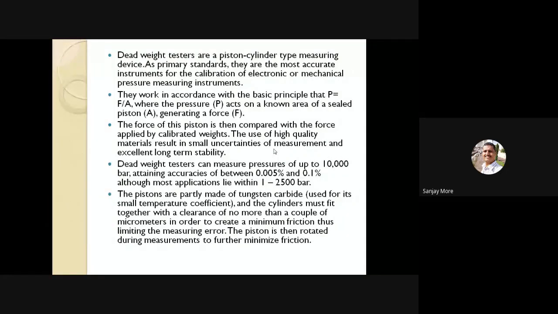The piston is partly made of tungsten carbide, used for its small temperature coefficient, and the cylinder must fit together with a clearance of no more than a couple of micrometers in order to create minimum friction, thus limiting the measuring error. The piston is rotated during measurement to further minimize friction.